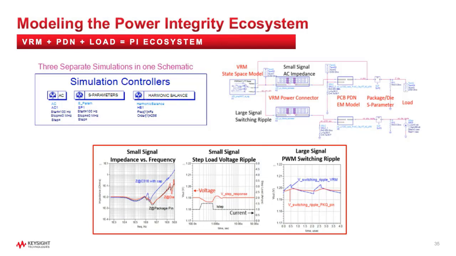In order to be able to get simulation to measurement correlation for the performance of the power delivery network, it is best to include the whole power integrity ecosystem of the VRM, the distributed power delivery network with the PCB and decoupling capacitors, and the package die sink model. The hierarchical schematic in ADS makes it easy to connect each of these models together, and then in the same schematic we can define multiple simulations, DC, frequency domain S parameters, and harmonic balance.